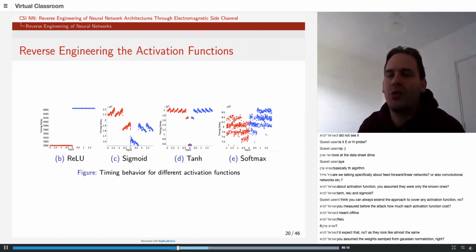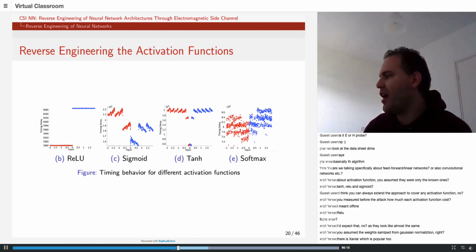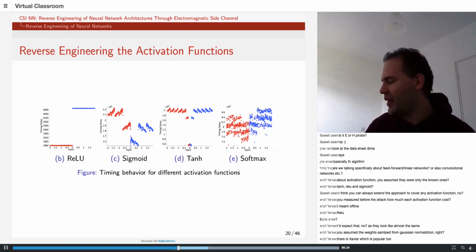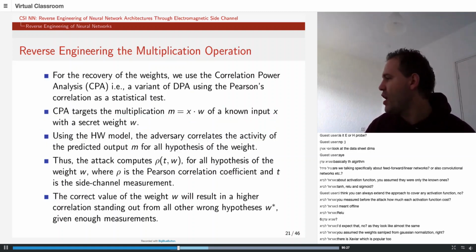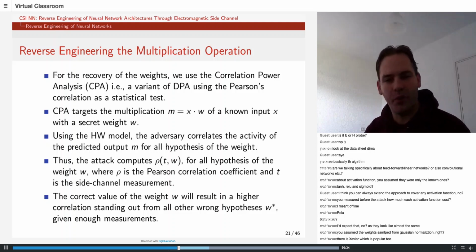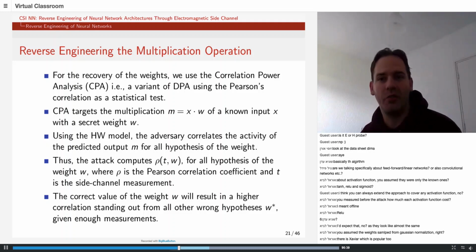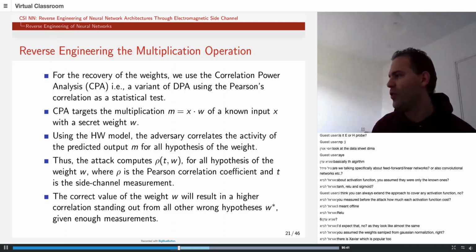But for us, we just need to assume that we attack Xavier or He or whatever Gaussian initialization, as there are many popular initialization techniques. What's important for us is that it's just multiplication. So the multiplication is equal to our input times the weight. And remember, we said we know the inputs. So we just need to guess the weight.